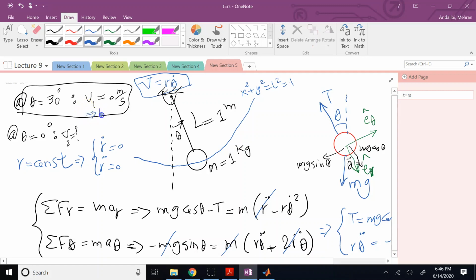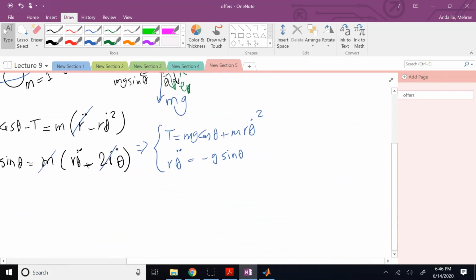To that theta dot in position 1 was what? 0 radian per second. And this one I can say what is r times theta dot in position 2. How much is that?